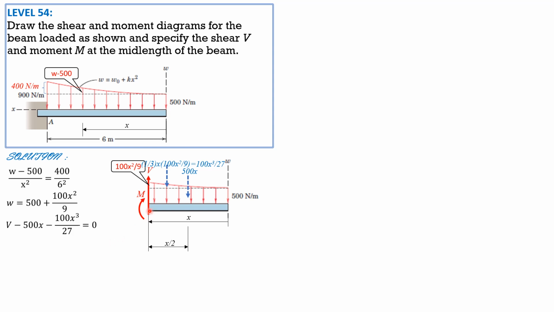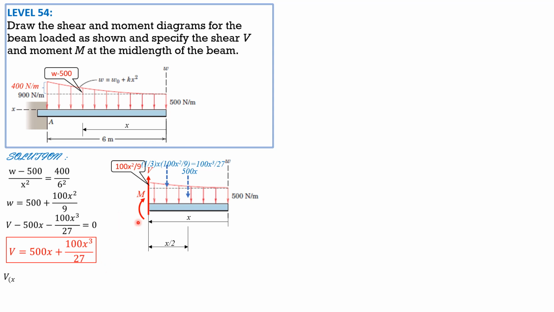So shear equation, summation of forces in y, shear minus 500x minus 100x cubed over 27 equals 0. So the shear equation is 500x plus 100x cubed over 27.